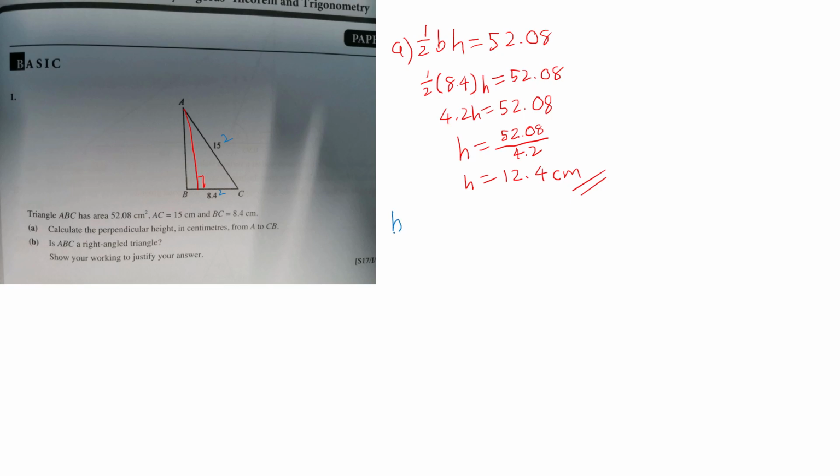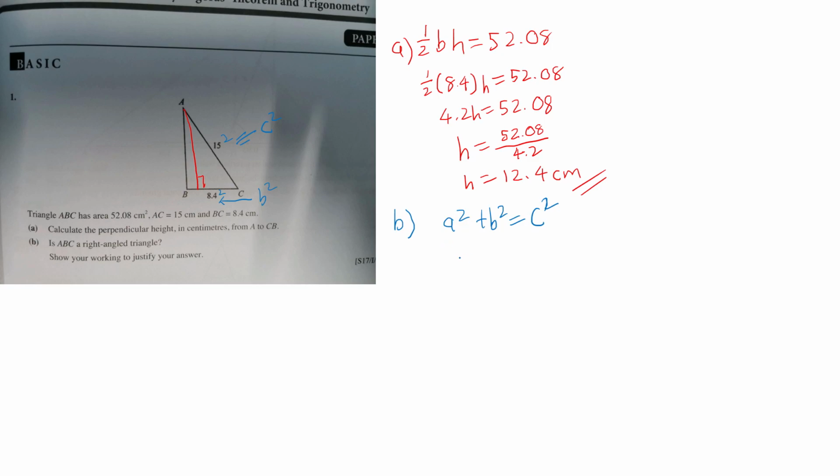We know that Pythagoras theorem is a squared plus b squared is equal to c squared. Now, 15 down here is our c squared, while 8.4 down here is our, let's say, b squared for simplicity purposes. So what we want to find is AB to see whether it is equal to 12.4.